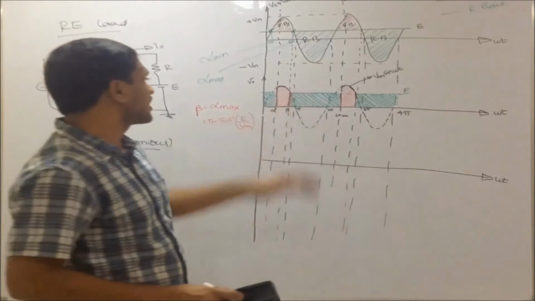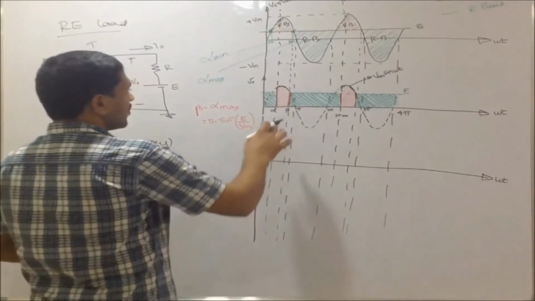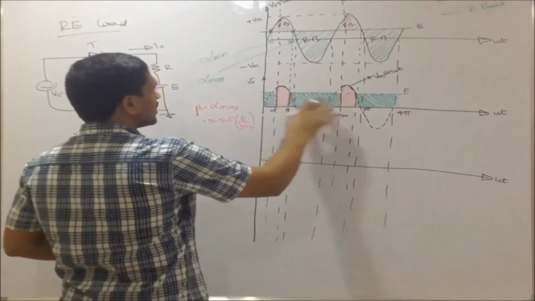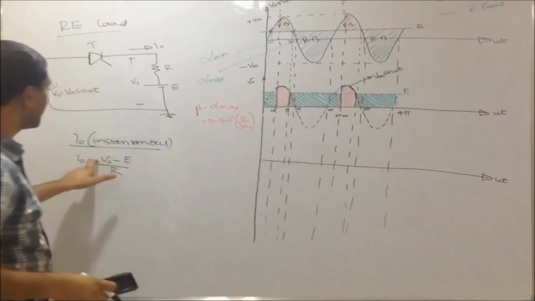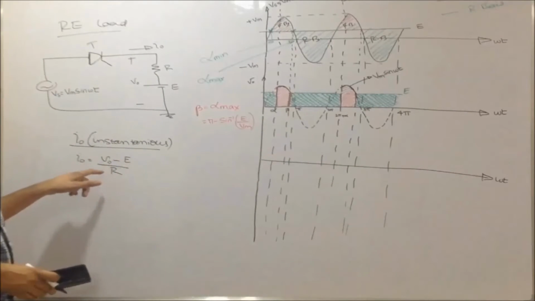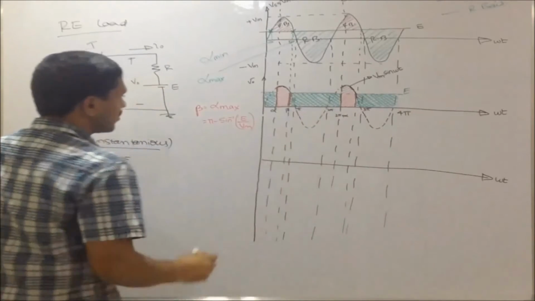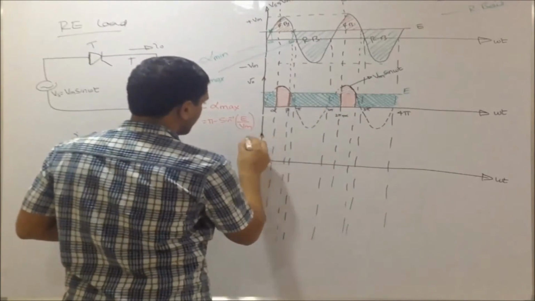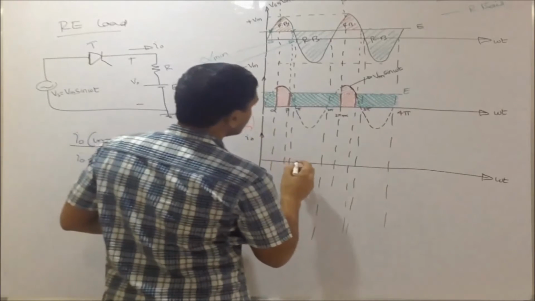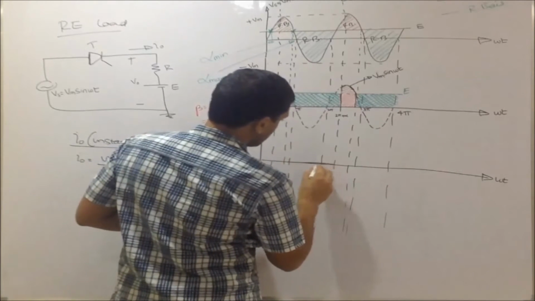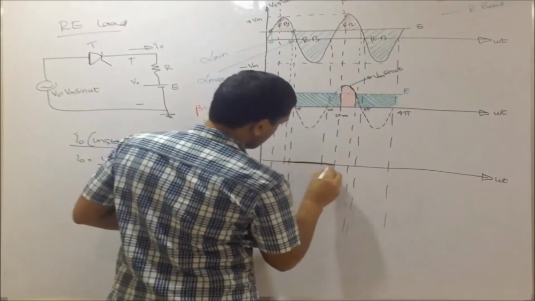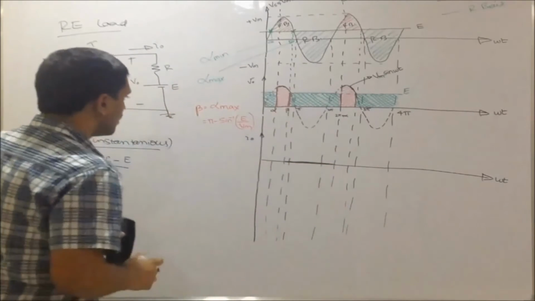Even from the waveforms we can see the same. If you take beta to 2 pi plus alpha, the V0 is E. So V0 minus E is 0. By R, it is 0. So from beta to 2 pi plus alpha, the I0 is 0.